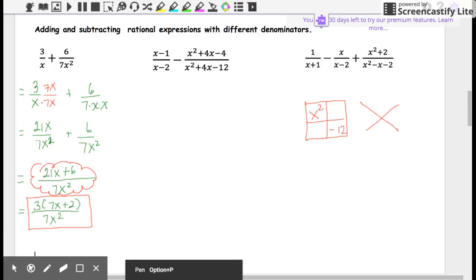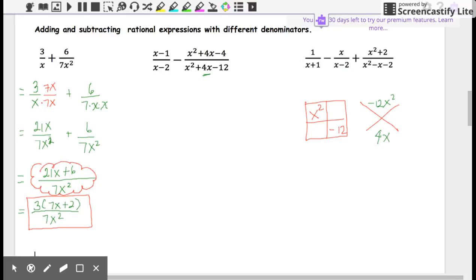There are two missing numbers, and we know that the product of the two missing numbers is the same as negative 12x squared. You multiply x squared and negative 12, and that will be the same as the product of the missing numbers. And when we add the missing numbers, it's equal to the middle term 4x. So we'll have 4x here.